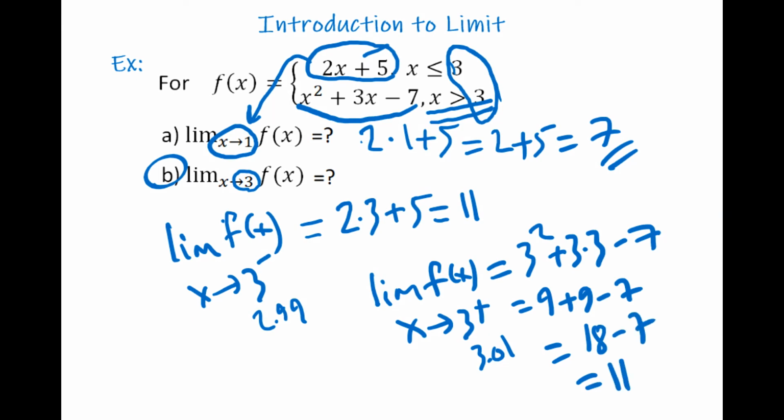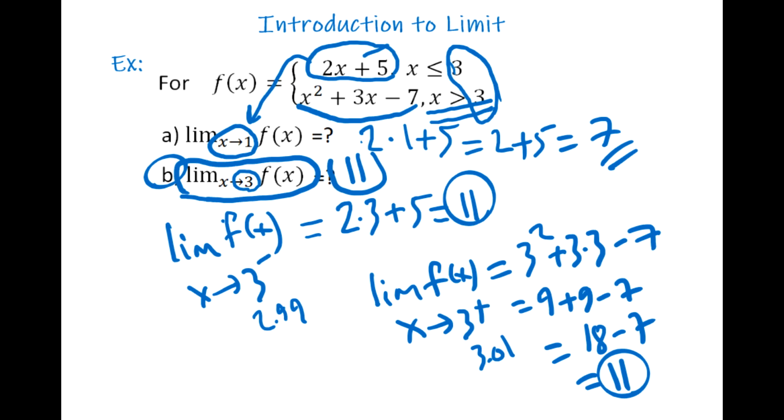And as you can see, we got 11 here, and we had also 11 here. So because the left limit and the right limit are equal to each other at the point x equals 3, we say that yes, when x goes to 3, the limit of f of x exists, and that is 11, guys. That is how we can solve limits in piecewise functions as well.